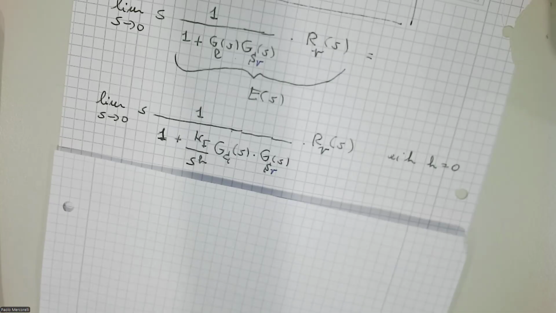But not only this, it is also expensive in terms of control. If we need to control a system with more and more integrals, the performance of the controller is not so good. A controller which needs an integral is more problematic with respect to a controller which doesn't need an integral.